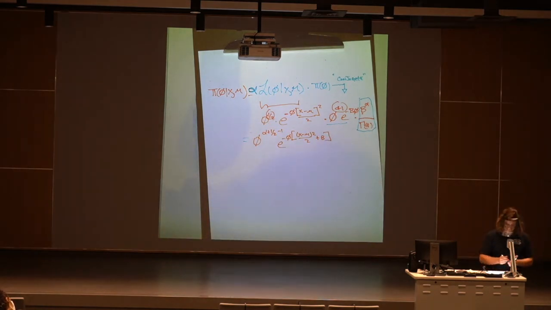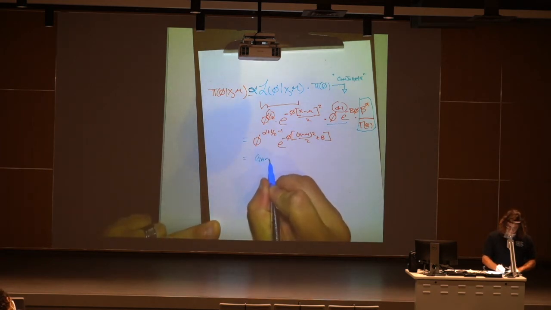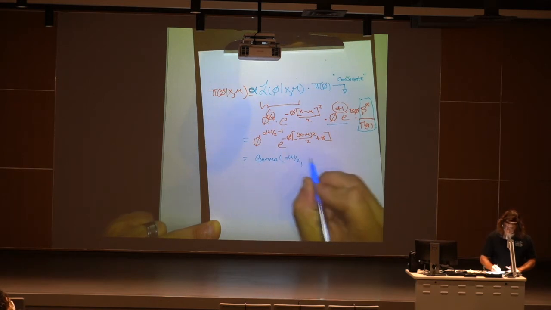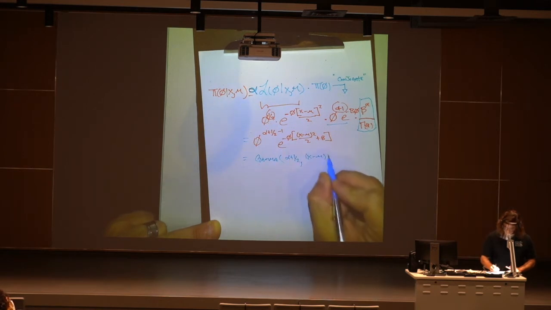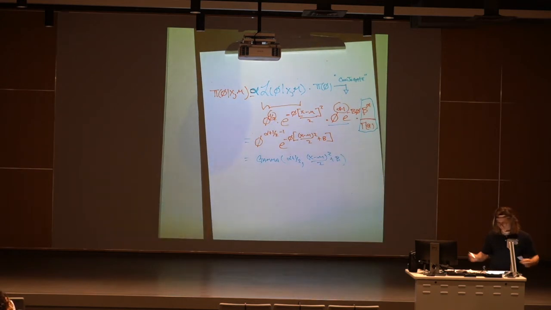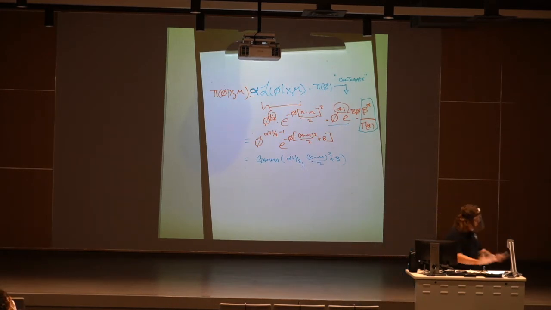This thing is a gamma: alpha plus 1/2, and x minus mu squared over 2 plus beta. So that's what we came up with last time. Very easy analysis. If you know what gamma distributions are, the problem almost solves itself.